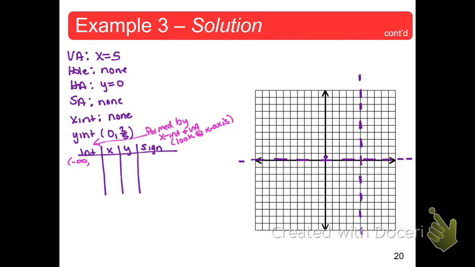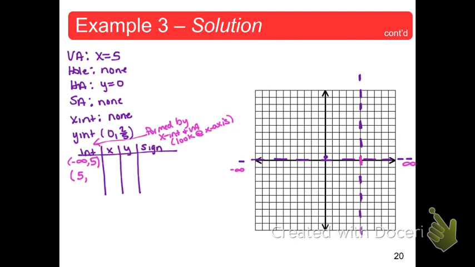So if I look on here, as I'm going across my x-axis, I'm starting over here at the negative infinity. I'm going towards the right. What's the first thing we have that affects it? That vertical asymptote, isn't it? We don't have any x-intercepts, so it's going to be there at the 5. And then from the 5, as I go to the right, there's nothing else to stop me, so I keep going all the way to positive infinity.